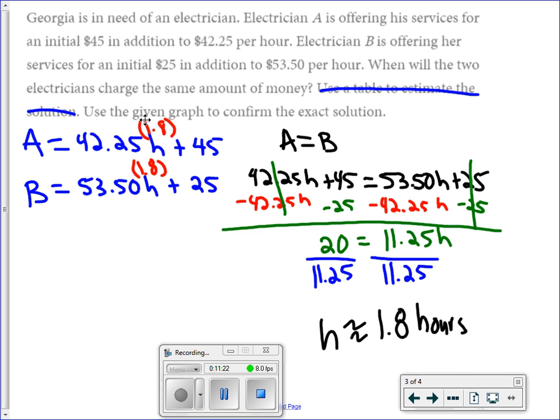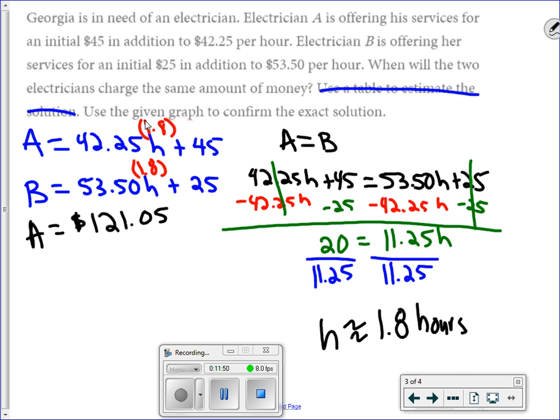So 42.25 times 1.8 plus 45, I get approximately $121.05. I'll do B, see how close they are.